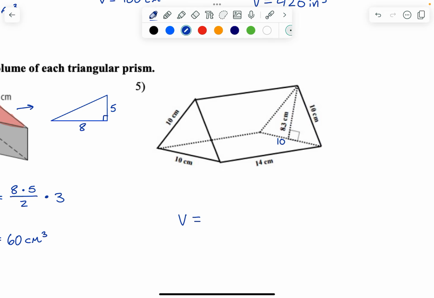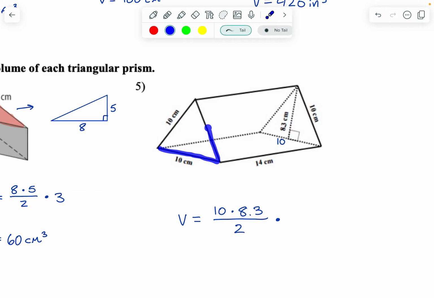So to find the area of that, base times height, 8.3, divided by 2, times the distance between these two triangles. Distance between these two triangles is 14. 10 times 8.3 times 14, you get that the volume is equal to 581 centimeters cubed.